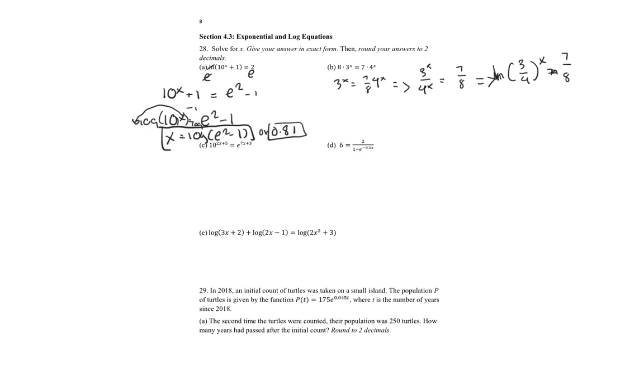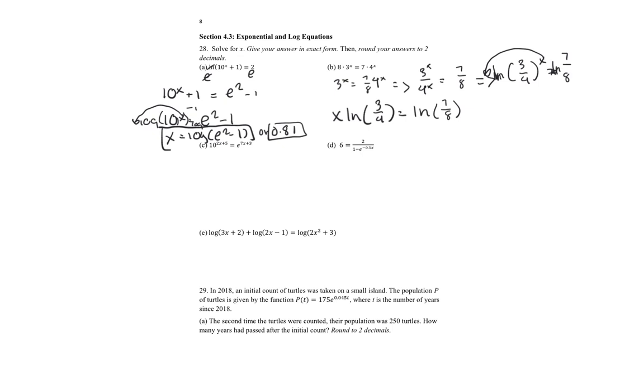So, I'm going to rewrite this. Now that we have x in the exponent, and remember the log rule of anything being in the exponent, we can bring it in front of that natural log, right? So then we're going to have x times the natural log of 3 over 4 is equal to natural log of 7 over 8.